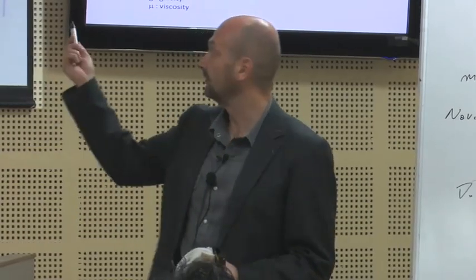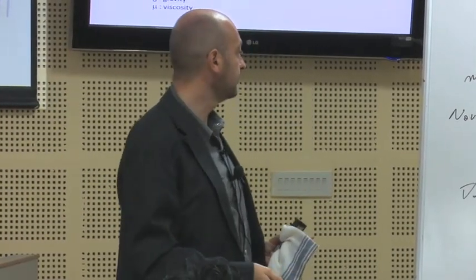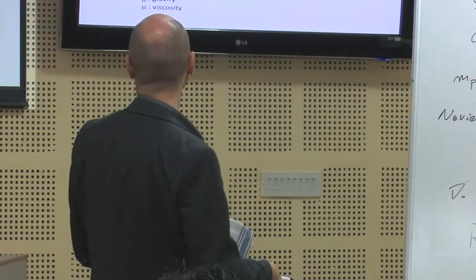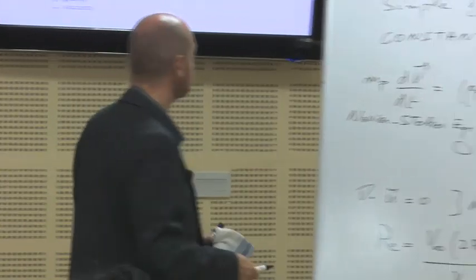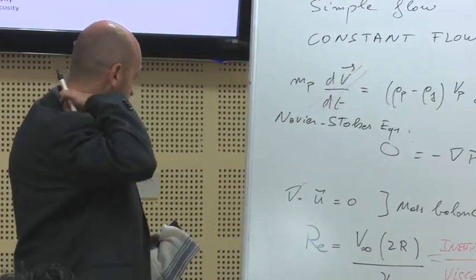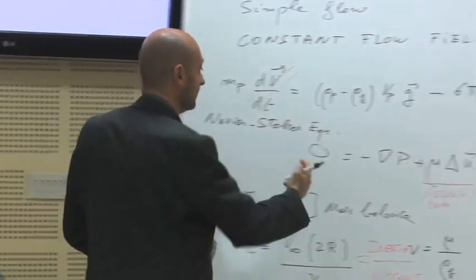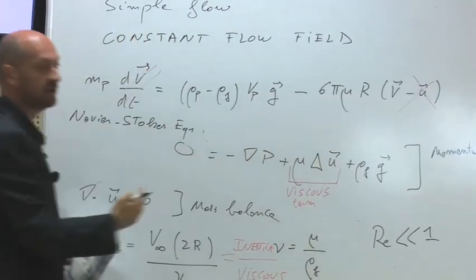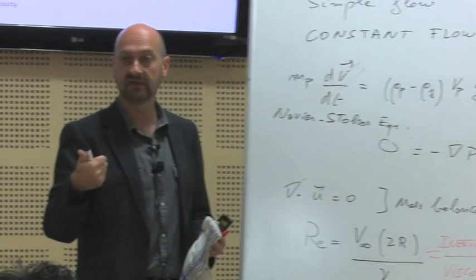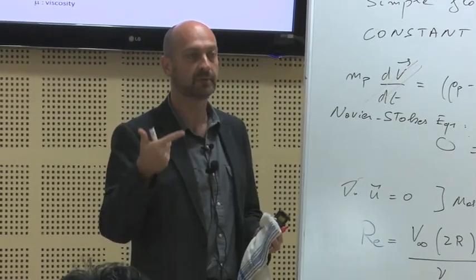And this is what Stokes did, 160 years ago. So he solved this equation, and from that equation he found the velocity field around the particle and the pressure field around the particle.